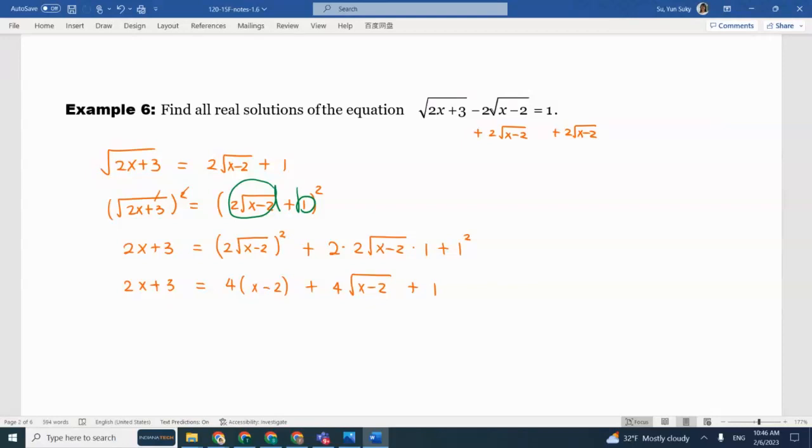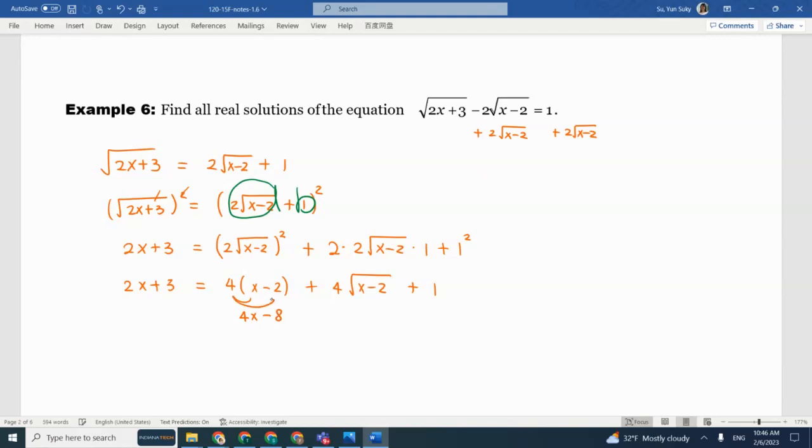Okay, now let's simplify it. Our goal is to isolate the square root term, which means you're going to distribute it and then move all the other terms to the left hand side. Is everybody clear what we are doing? Okay, when we distribute, what do we get?